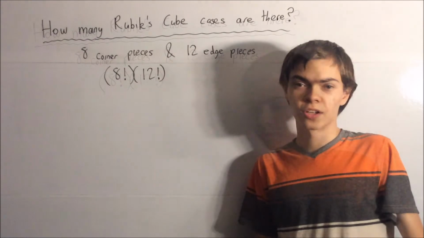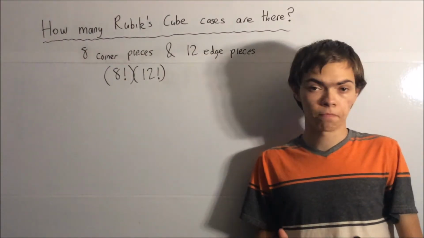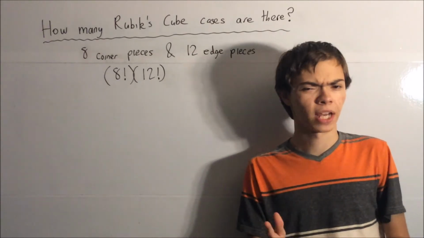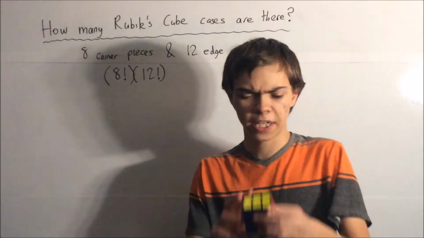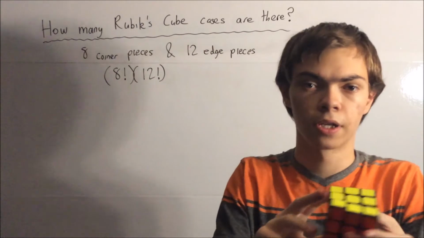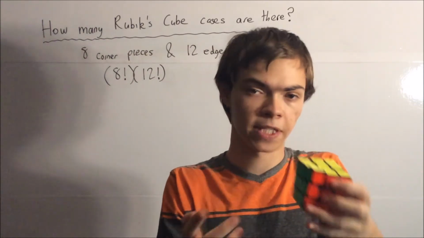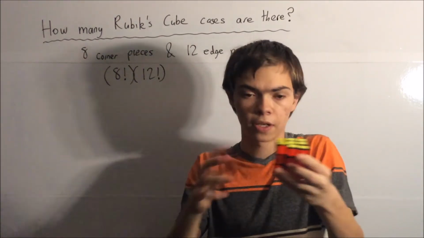The truth is, we didn't actually account for everything yet, because there's another part of the Rubik's Cube that we haven't thought about yet. So, for example, let's just say we're starting off with a solved Rubik's Cube, and all of the corners are in these specific positions. So this is the specific permutation that we have.